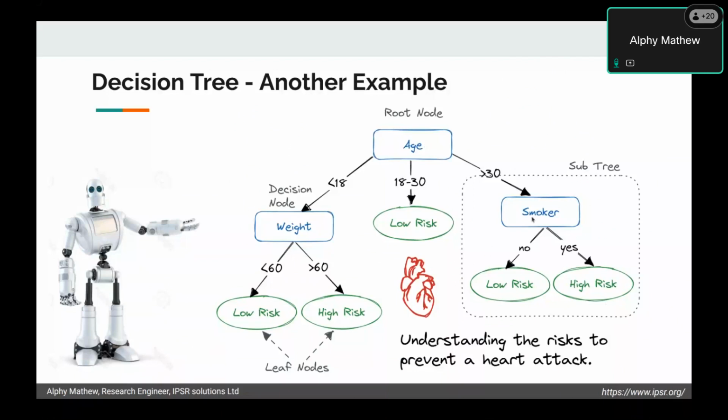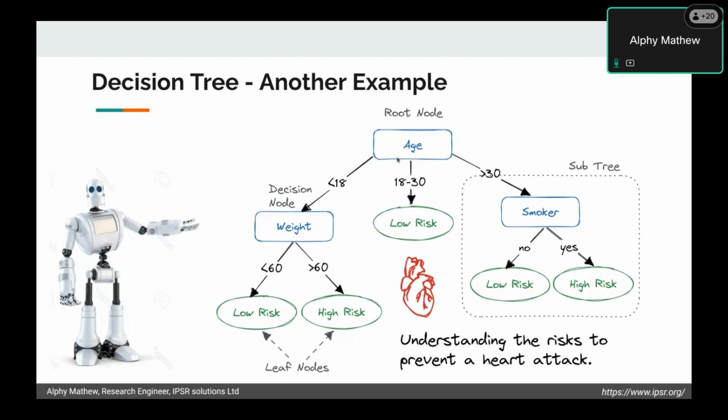Suppose we have taken that data set and created that decision tree, then we try to interpret it. It's very easy. You can interpret it yourself, but for more understandability, I am explaining it once again.